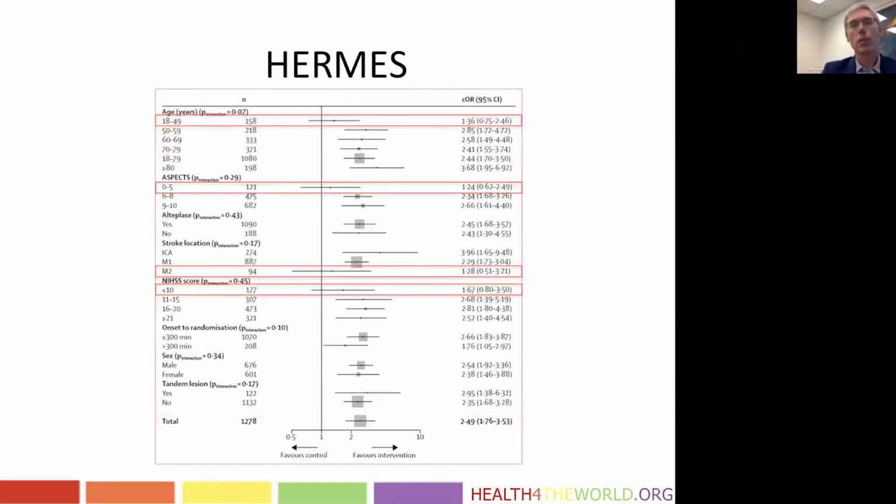So as I mentioned, in the pre-specified subgroup analysis, all of them favored intervention, even in cases where the patients were young, where we would expect their physiology to be much more helpful to them, and patients who had ASPECT scores which were very, very poor, 0 to 5, patients with distal occlusions all the way up to the M2, and patients with very low NIH stroke scales.